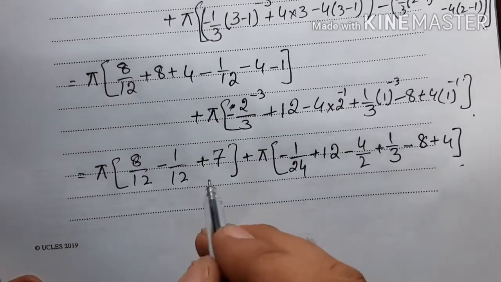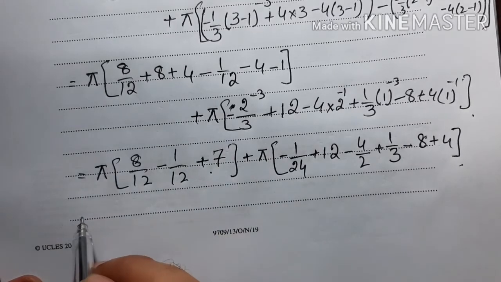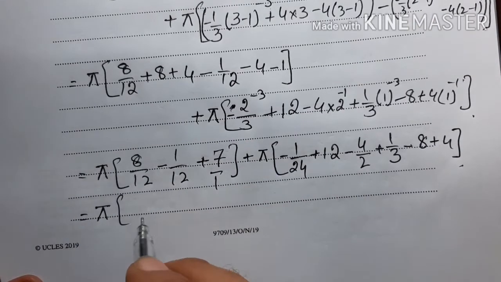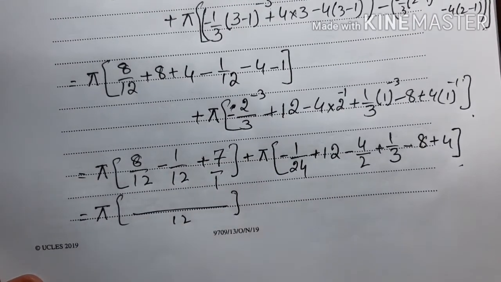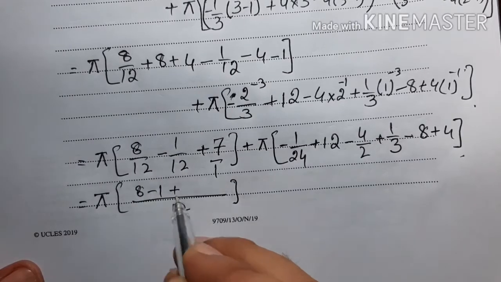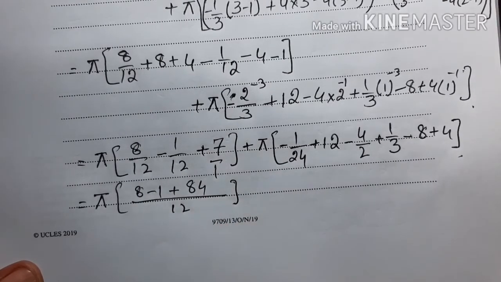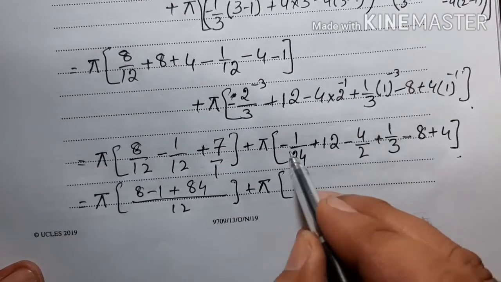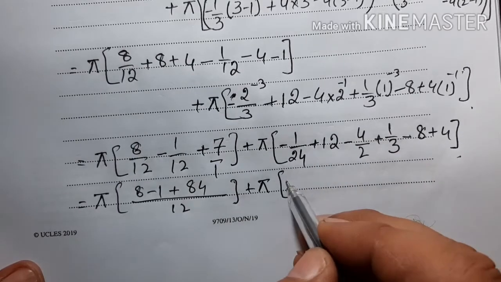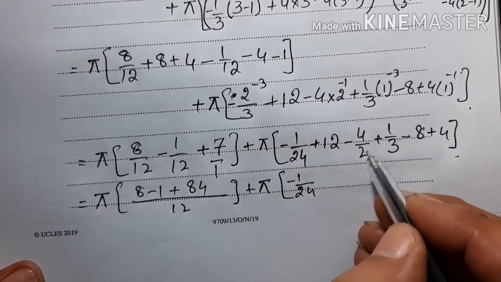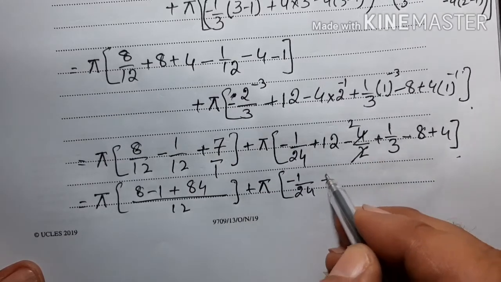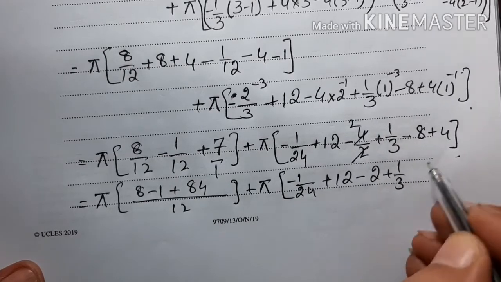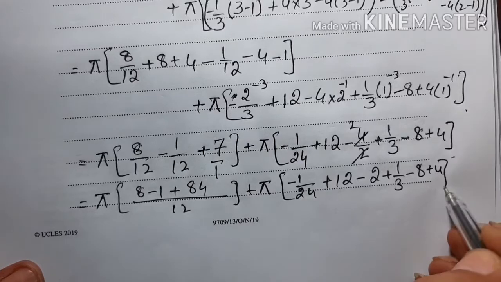So take LCM of this, 12. So this will be 8 minus 1 plus 12 sevens are 84. Okay, plus pi, this can be written as minus 1 over 24, this 2 times, plus 12 minus 2 plus 1 over 3 minus 8 plus 4.